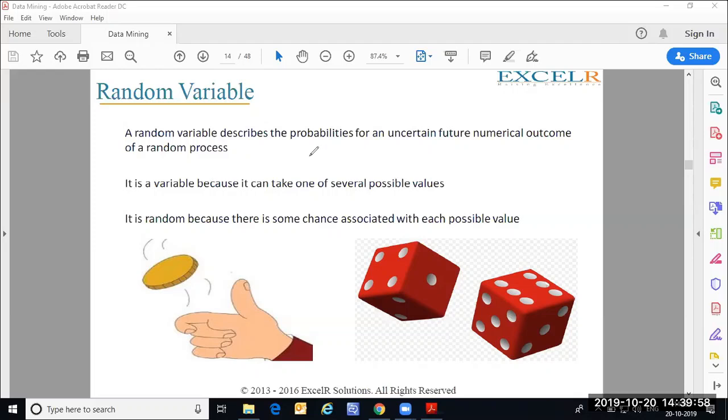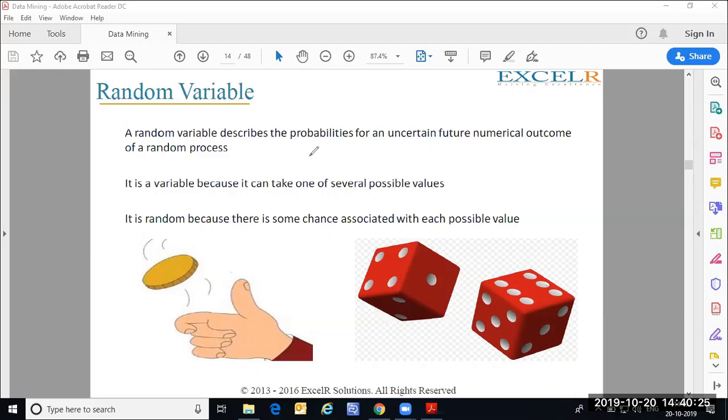Okay, we don't need to strain so much. Let's split it into two parts, random and variable. We all know what is a variable. A variable that accepts all possible values, right? One of the several possible values. And random. What is a random?